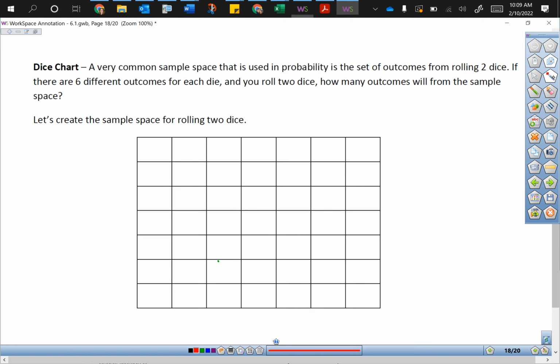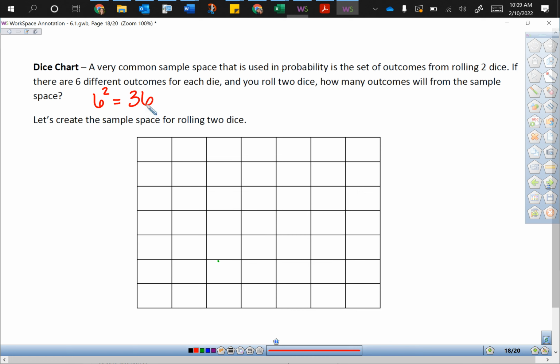If there are 6 different outcomes for each die, and you are rolling 2 dice, how many outcomes will be in the sample space? So, the 6 outcomes happening twice tells me how many outcomes am I going to have? 36. That's the size of my sample space.